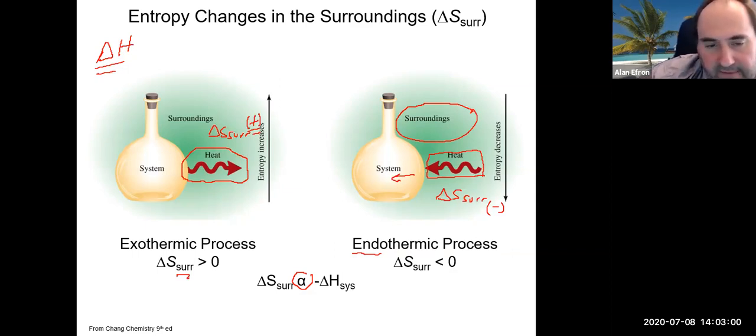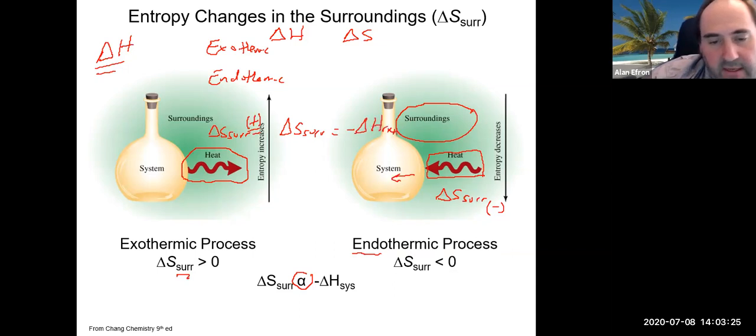So if we take our values, our delta H value and our delta S value, and for an exothermic process and an endothermic, and if we think about this relationship that the delta S of the surroundings is equal to basically minus the delta H of the reaction.